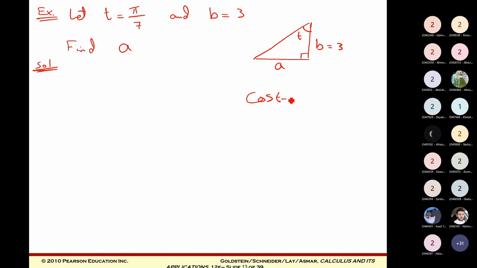Cosine of t equals what? The adjacent B over the hypotenuse. But the hypotenuse is not needed, and also not given. So this is unknown, and we need to find A, not the hypotenuse.